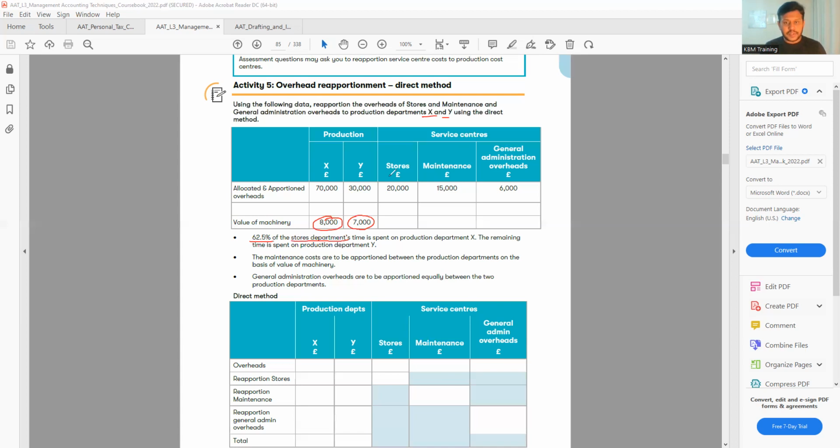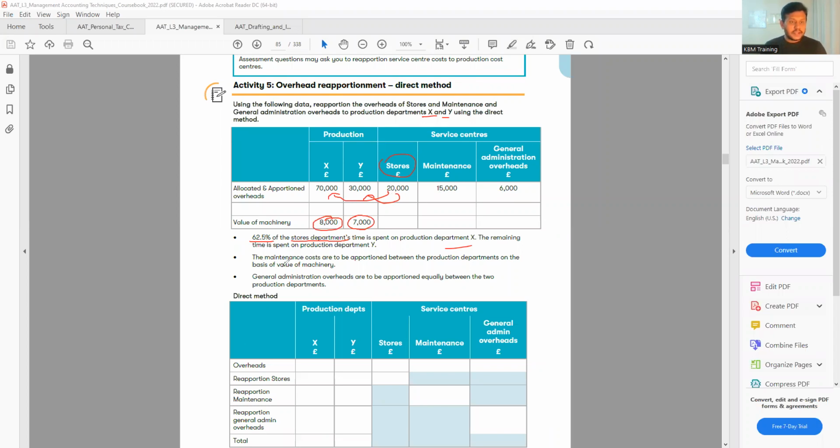So 62% of the store department time will be spent on production department X. The remaining time is spent on production department Y. So that means of the store cost, 62% I'll take to X, and the rest of the 20,000 will go to Y. That's how I'm going to split or move the store department cost to the production departments.